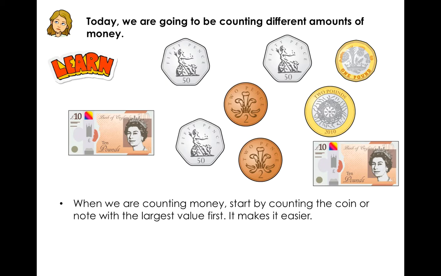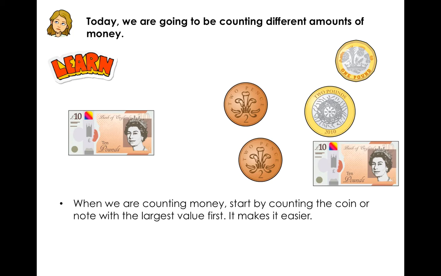It's the same as 10 add 10, isn't it? Next, I'm going to look for the next largest amount. Now, I haven't got any more notes, so I don't need to add those, but I have got a £2 coin. So I've got 10 add 10 and 2, which is 22. Then I've got another £1 coin, so 22 add 1 is 23, so £22 add £1 is £23.